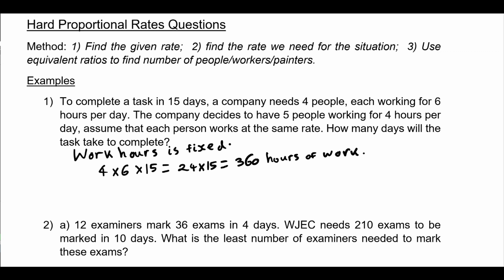So the company decides to have 5 people working for 4 hours per day. Now, if we assume that the task will take 360 hours, then we now have 5 people working for 4 hours per day.